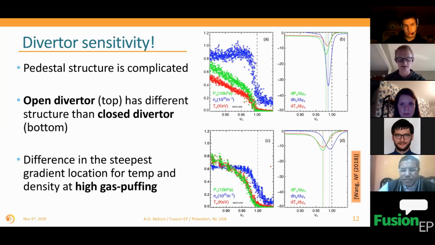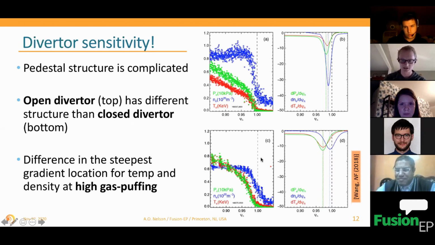Another sensitivity of the pedestal is to the scrape-off layer divertor structure. In these plots, I've plotted two different pedestals for very similar discharges, but we've changed the divertor structure. The top plot has an open divertor, and the bottom plot has a closed divertor. This just refers to how much the shape of the divertor itself is closed like a box to prevent neutrals from the divertor from going back up into the plasma.